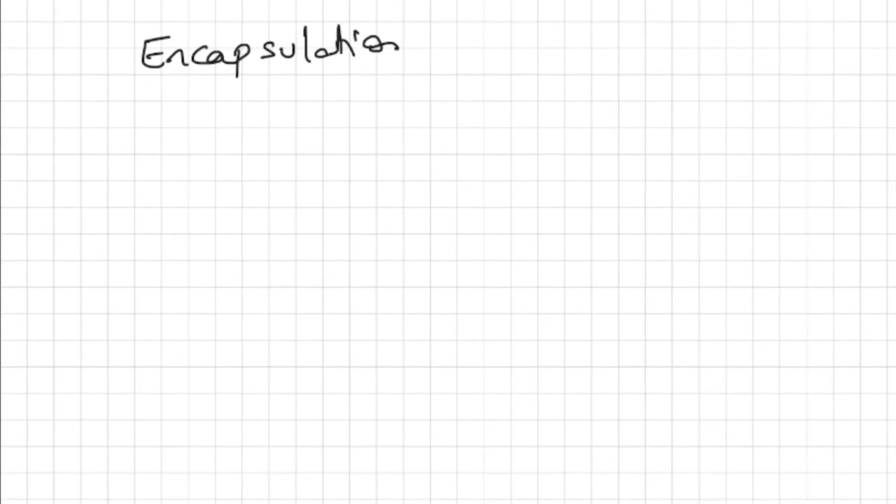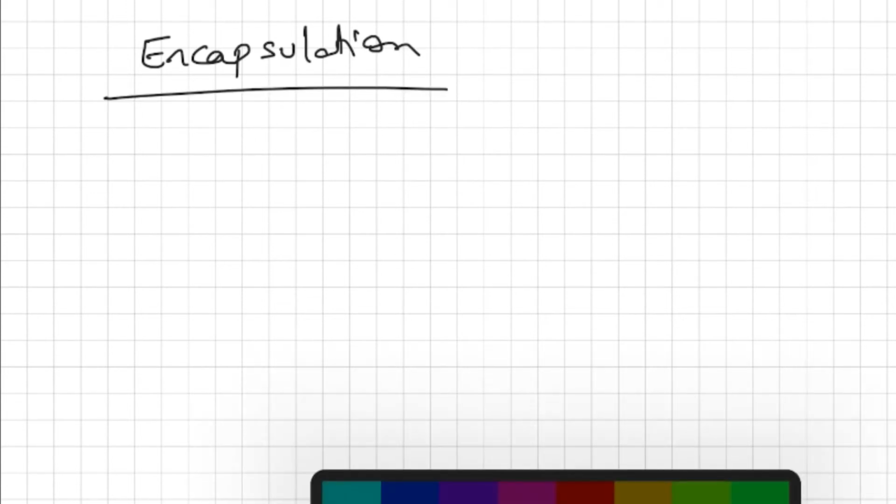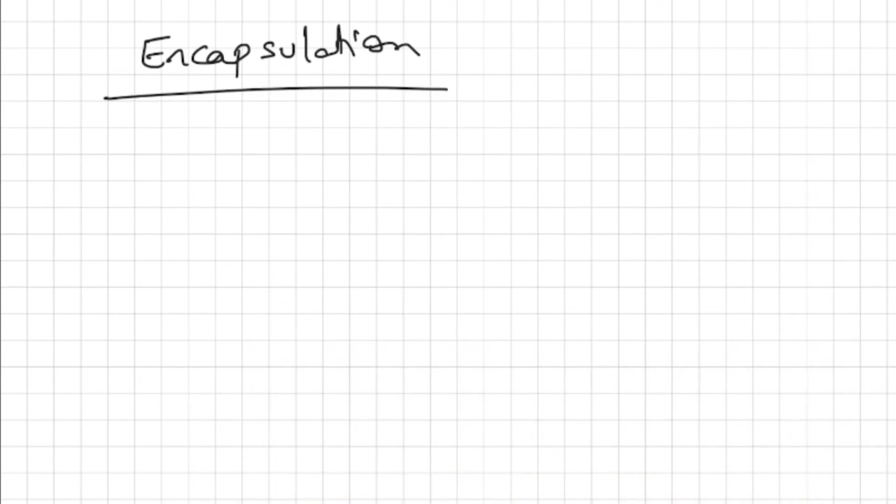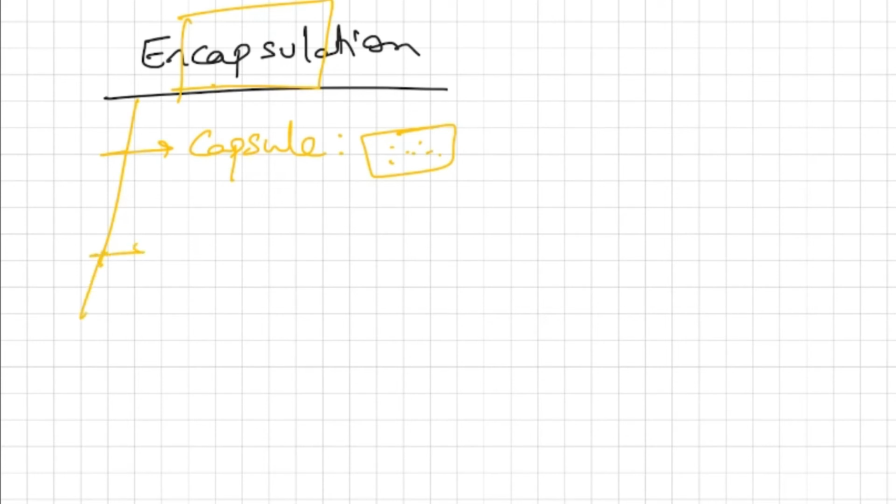encapsulation. Let's focus on the word itself, where it says capsule. I'm just trying to use that word here. It has so many things inside an enclosure. So that is the definition of encapsulation here.